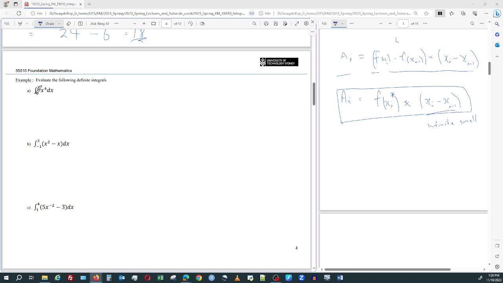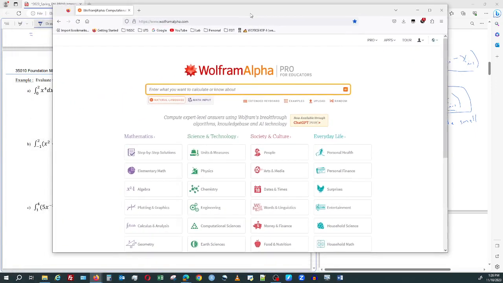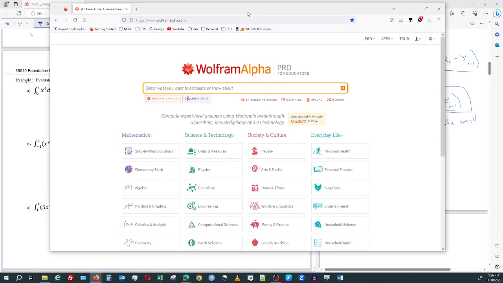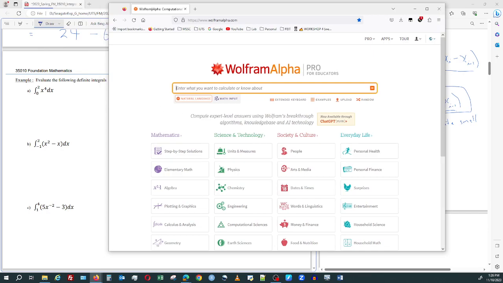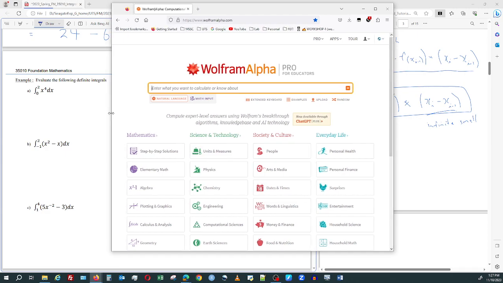So in this one here, 0 to 2 of x^4, let's see if we can integrate a definite integral, and let's see if we can get Wrk1 to validate what we think is happening in that space. And that's all Wrk1 ever is. It's just a validation tool.